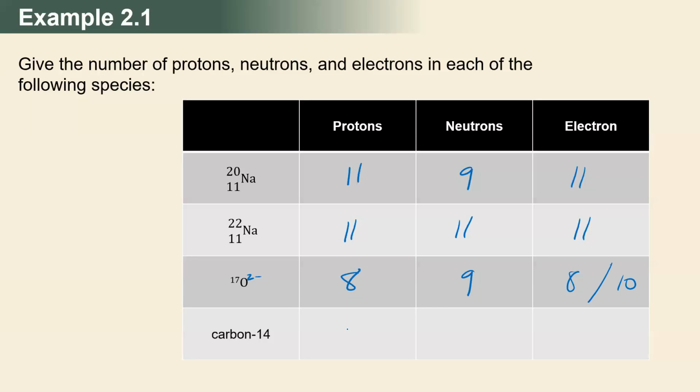Carbon 14. Michael, how many protons are in carbon 14? On the last slide, we said the atomic number of carbon. 6. 6 protons. That's our atomic number. May, if you're there, give me the number of neutrons. Hold on. Let's see.